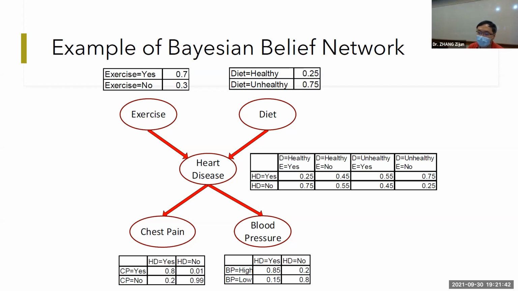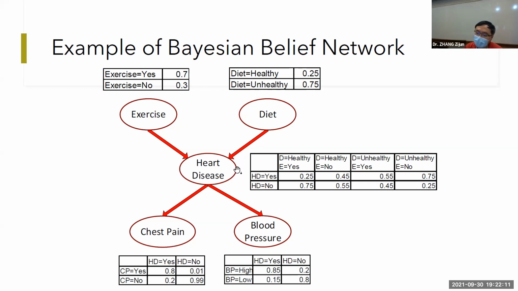Okay, and based on these 5 variables, the doctor or the domain experts can determine their relationships. For example, whether a person does exercise or has a healthy diet, these are potential factors that will affect whether the person will get heart disease.